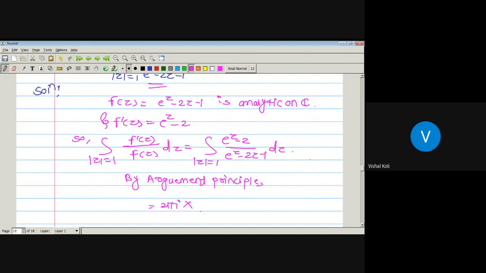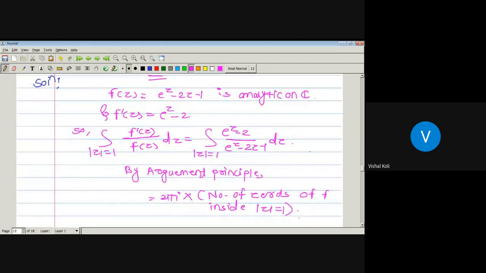As here the function is analytic, it has no poles, so that part will be 0. It is the number of zeros of the function f inside the curve mod z equal to 1.